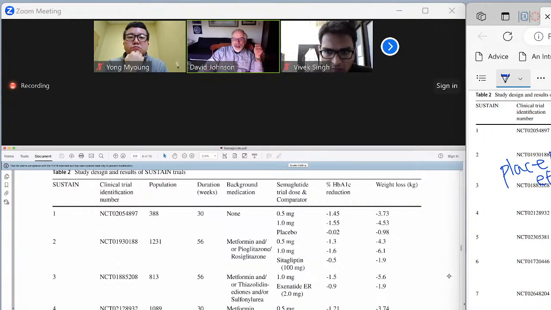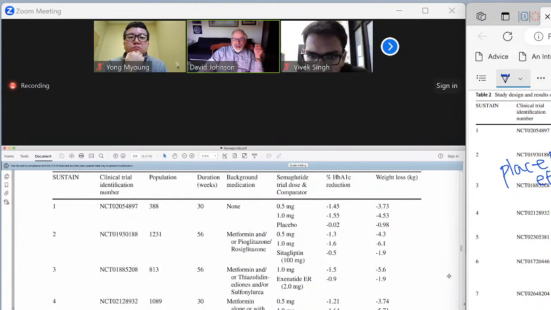Now let's consider weight loss, and you can see most of the time you could see weight loss, even with the placebo, like 1.5 kilograms. So that is about 3 pounds. Hey, that's not bad.